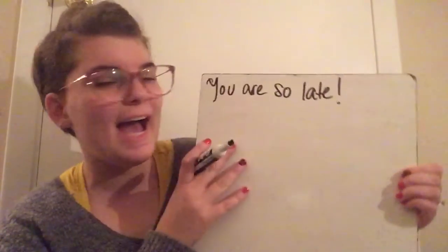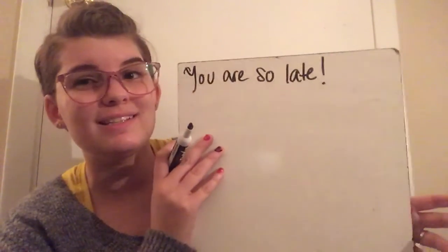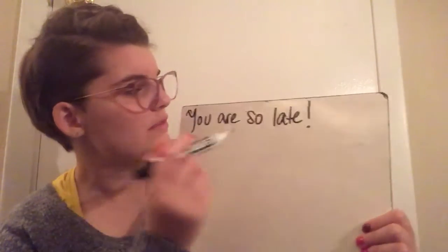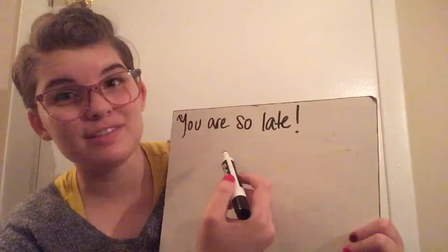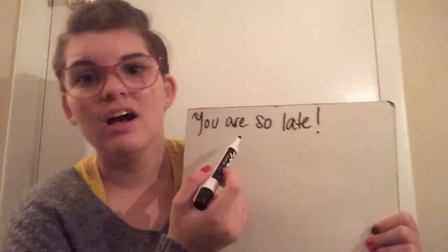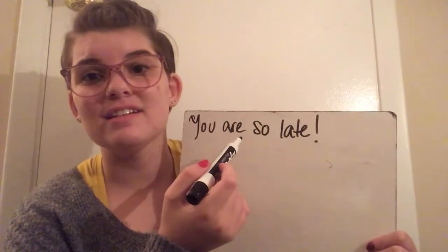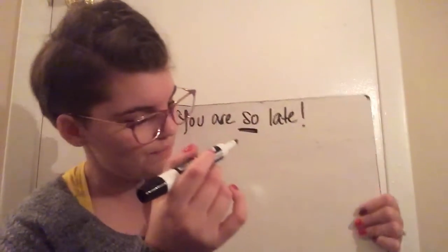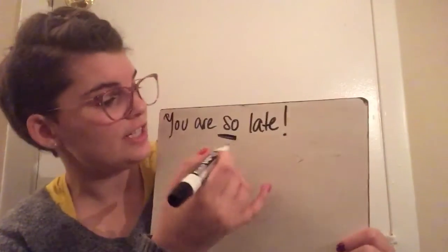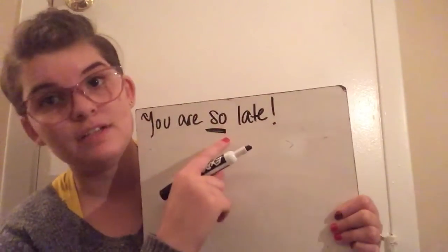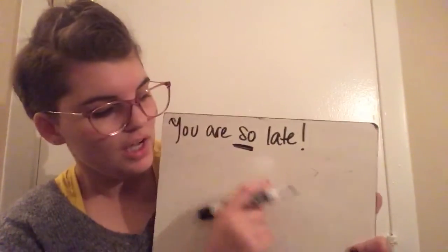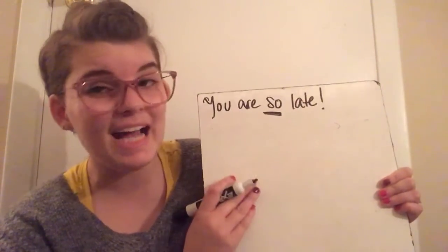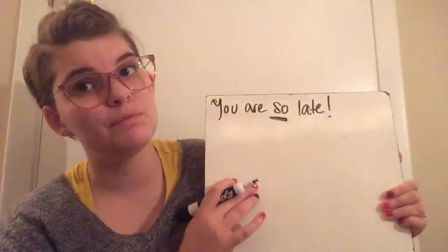So, well, we know that you is the subject. We're looking for the adverb of degree, which means it's telling us how much of something. Which would be what? Late. That doesn't really tell us how late. Are doesn't really tell us an amount either. The only thing that really tells us an amount is so. So what you're doing is you're underlining the adverb of degree. I just did it for you. So. Now we have to write, it says on the line, whether it modifies an adjective or an adverb.